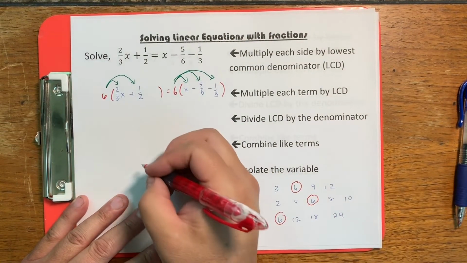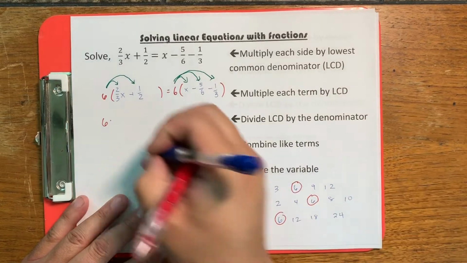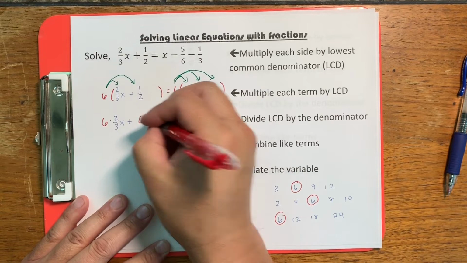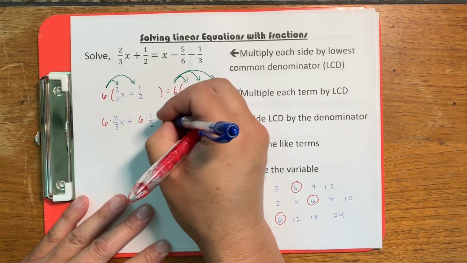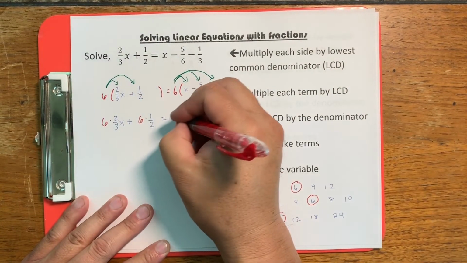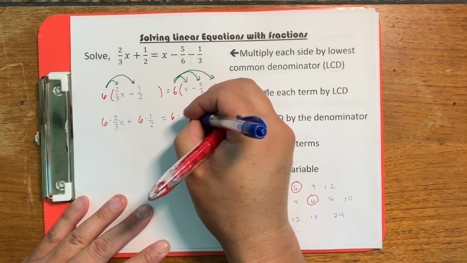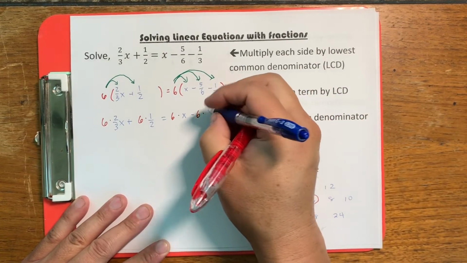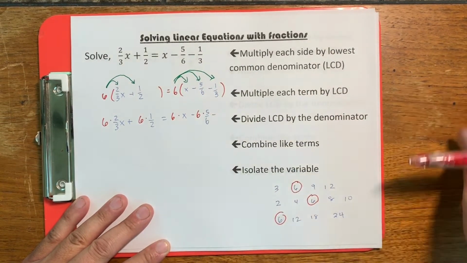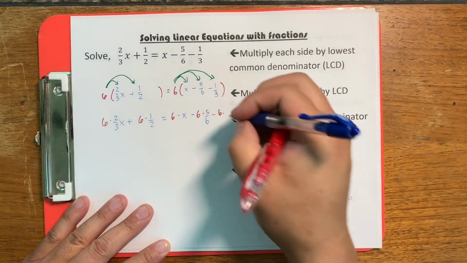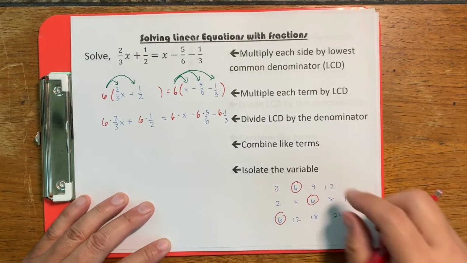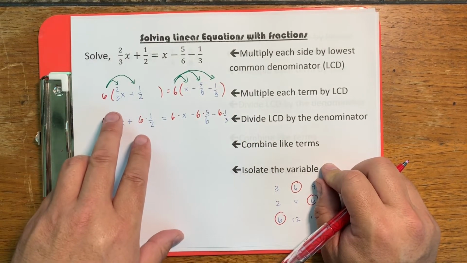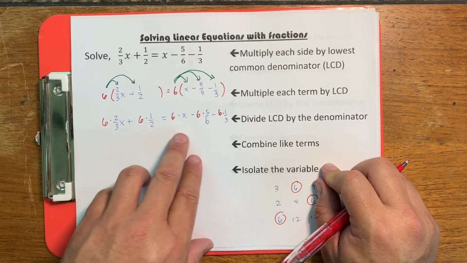What'll happen is we'll get 6 times 2/3 x plus 6 times 1/2 is equal to 6 times x minus 6 times 5 over 6 minus 6 times 1/3. So we can see that what actually happened is that we're multiplying every term by the lowest common denominator.